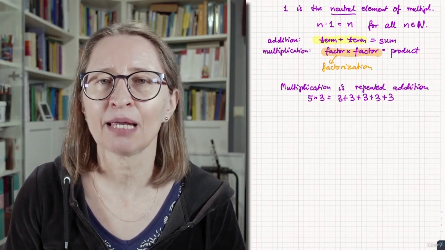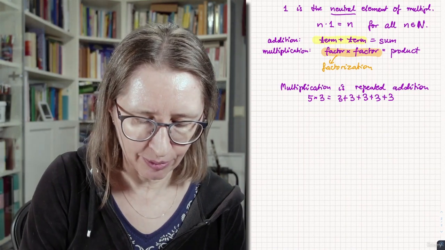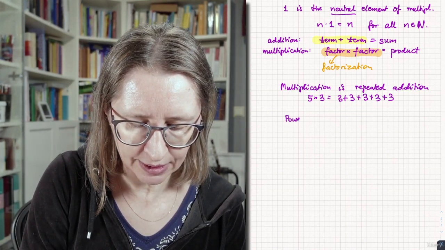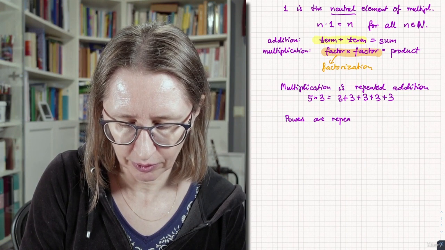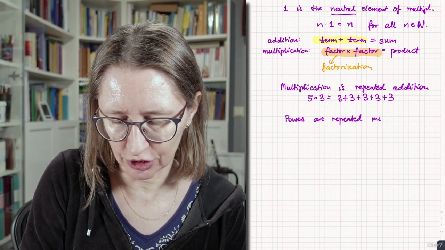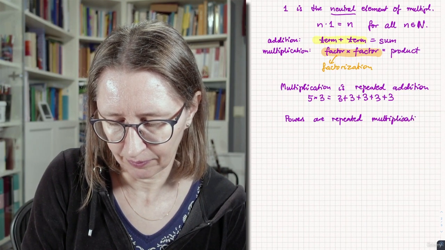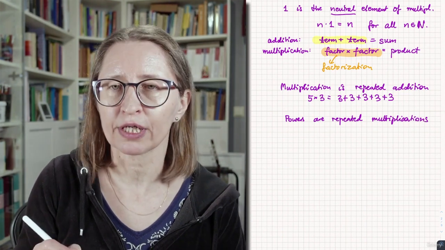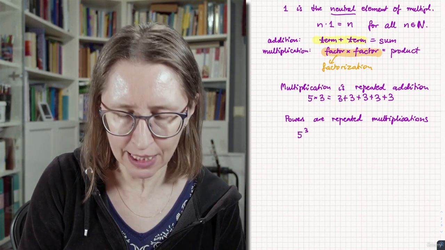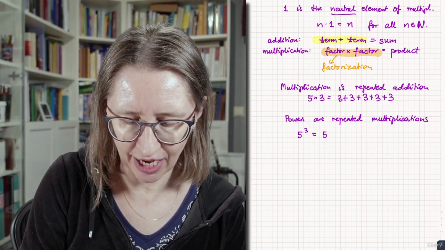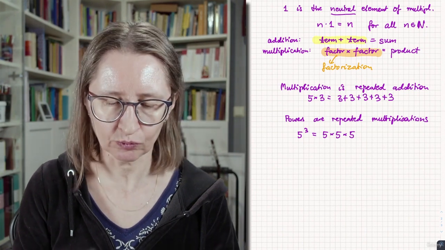And in the same way, you can think about taking powers, right? The powers are repeated multiplications. So, for example, if you take 5 to the power of 3, it means that it is 5 times 5 times 5.